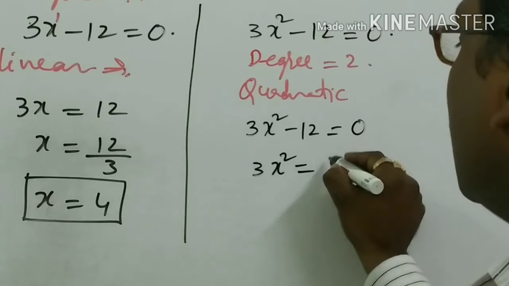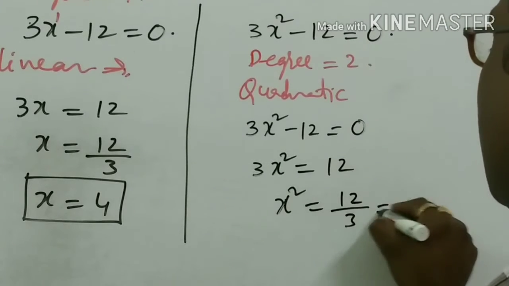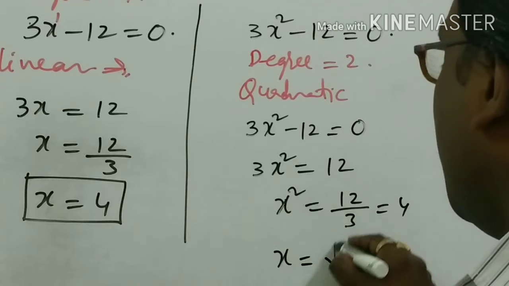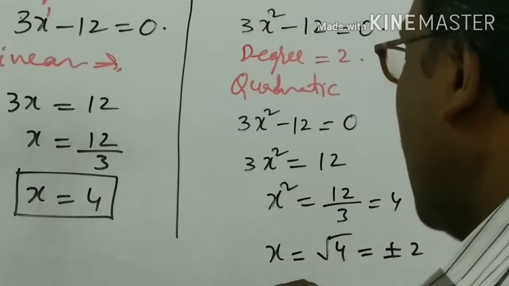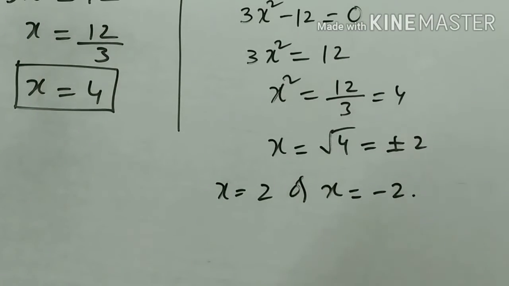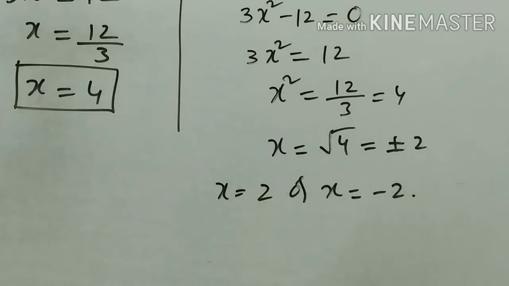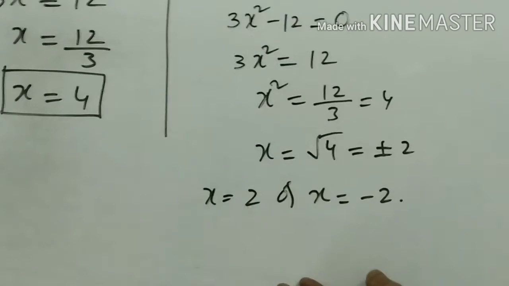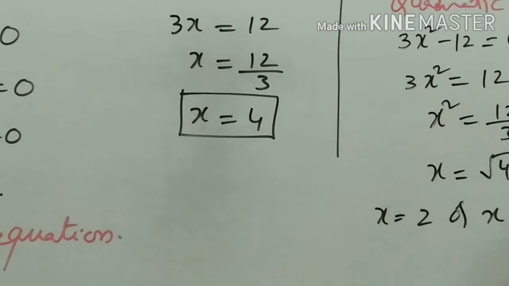Minus 12 goes to that side as plus 12, so x square is equal to 12 by 3, that is 4. The x value is root of 4, nothing but plus or minus 2. The x value is 2 or minus 2. We got 2 zeros. So we solved it the same way as a linear equation.